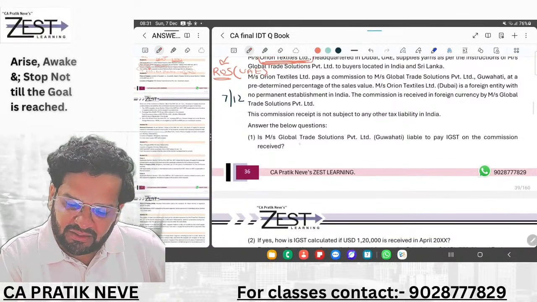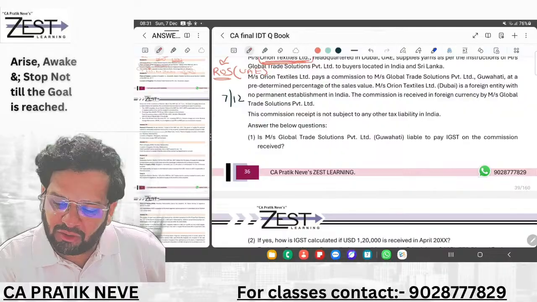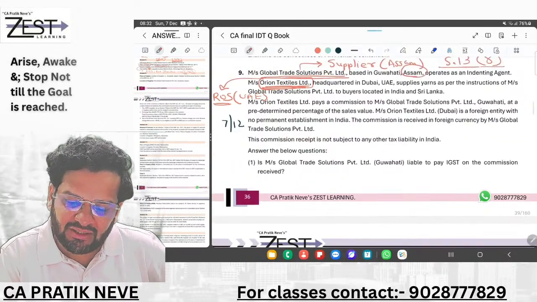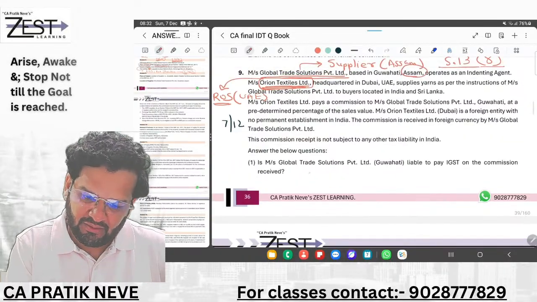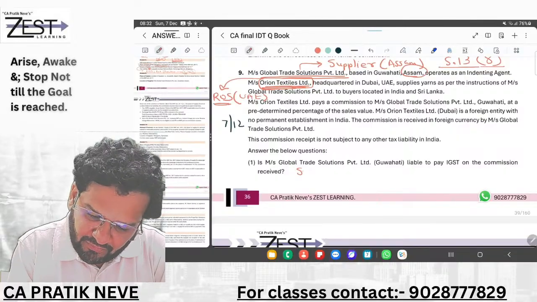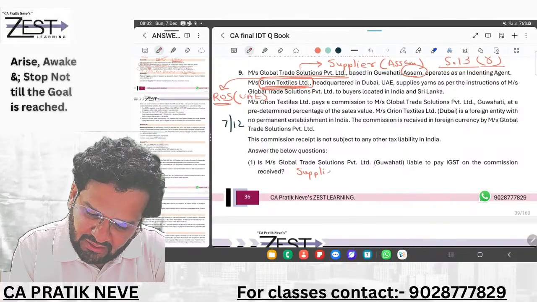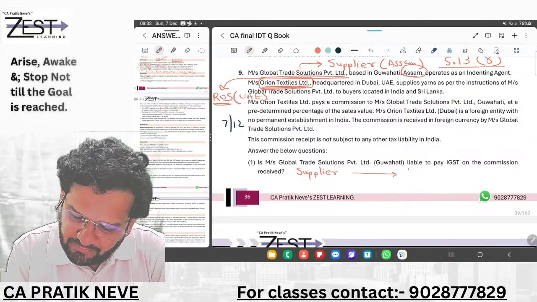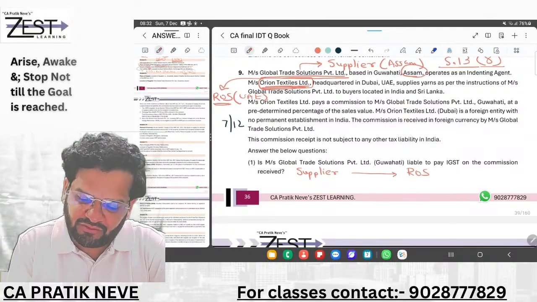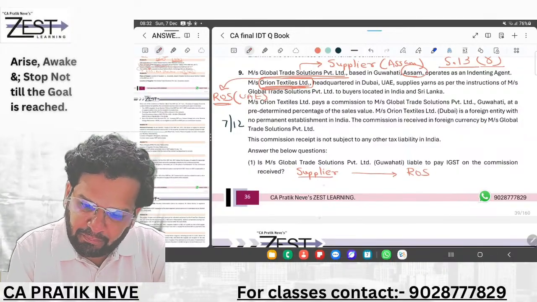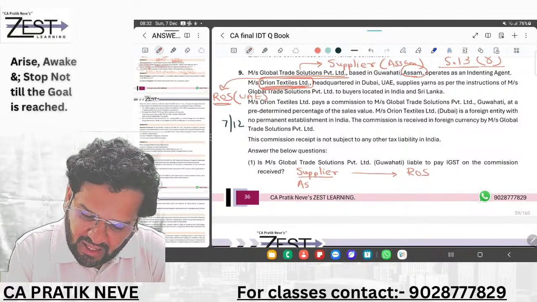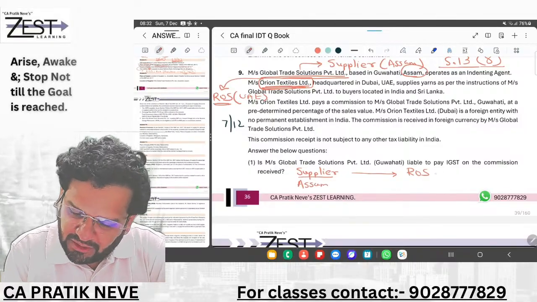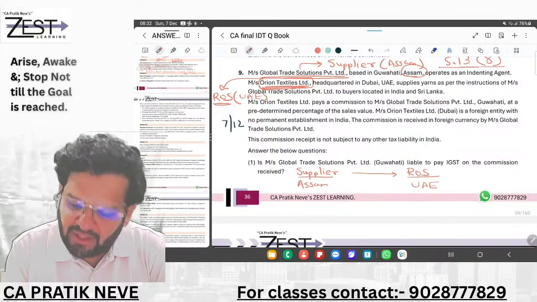Is Messrs. Global Trade Solutions liable to IGST on the commission received? Okay. So basically, supplier, recipient of supply. Supplier is in Assam, recipient of supply is in UAE.